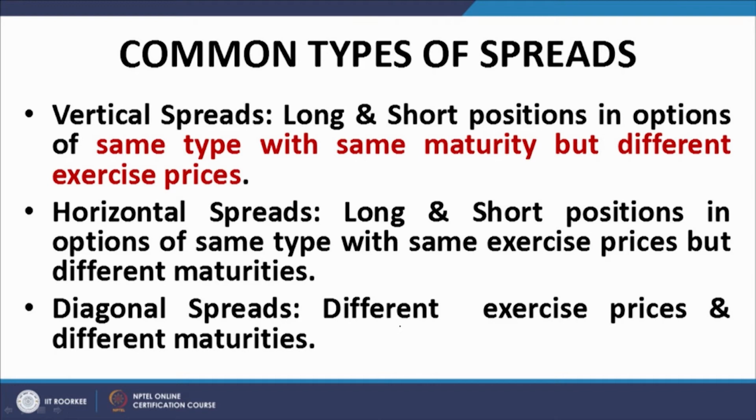Number 1, we have vertical spreads. Number 2, we have horizontal spreads, and number 3, we have diagonal spreads. What are vertical spreads? Vertical spreads are those spreads which comprise a long position and a short position in options of the same type, but with different exercise prices, same underlying, and same maturity as well.